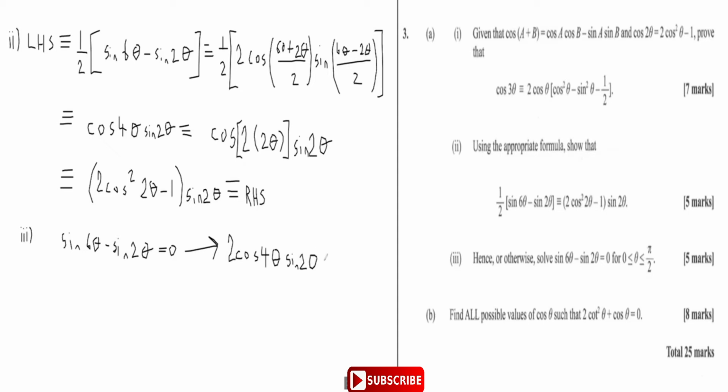This is what we end up solving. Now, if the product of two numbers is equal to 0, then the final solution is either cos 4 theta is 0, or it must be the other side, the sine 2 theta is 0. Okay.